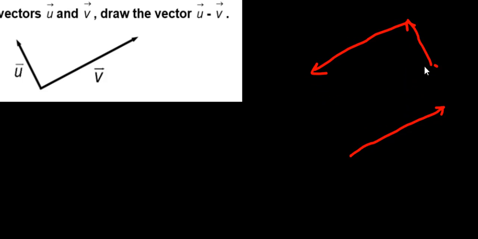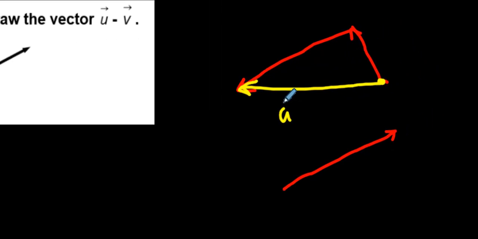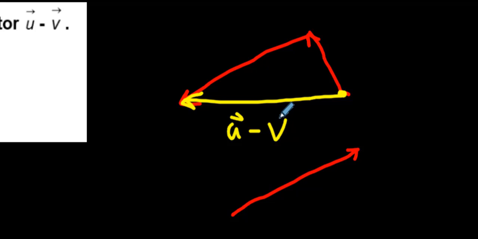So you put them head to tail like this. There's vector u. Here's vector negative v, or negative vector v. And then I draw in the resultant vector from the start to the finish. And that is the vector that we were looking for. U minus v. Vector u minus vector v.